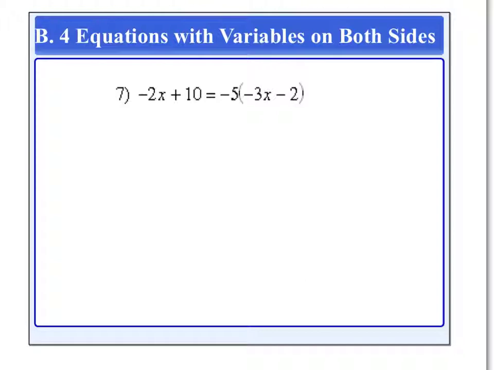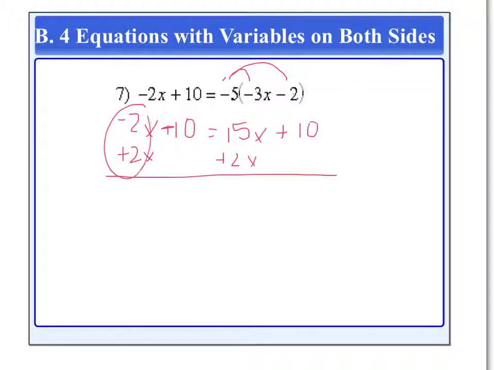This one you'll see that there are grouping symbols, and so we want to undo those first by doing our distribution. I'm going to copy down the left-hand side. We've got negative 2x plus 10 equals positive 15x plus 10. A negative times a negative is a positive. A negative times a negative is a positive. So now I'm going to get everything on the same side. And we know that I don't like negative numbers, so I'm going to add 2x to each side first.